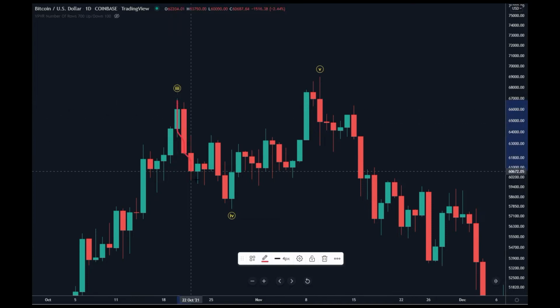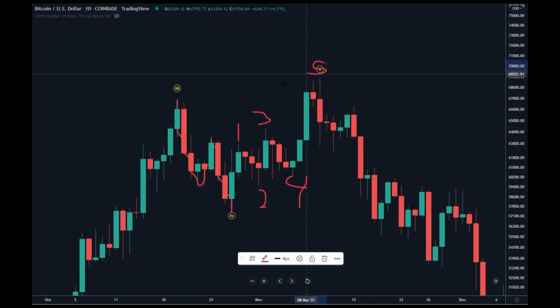And you can say a zigzag here for an A wave, or not necessarily an A wave, a complete correction for a wave 4, okay? And then people are counting this 1, 2, 3, 4, and 5.